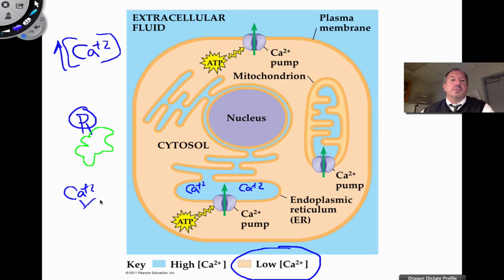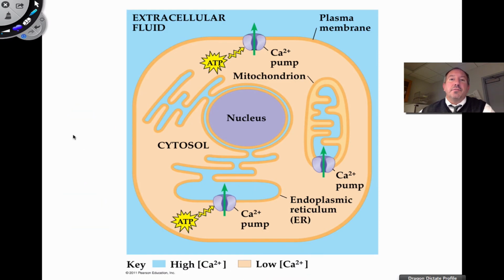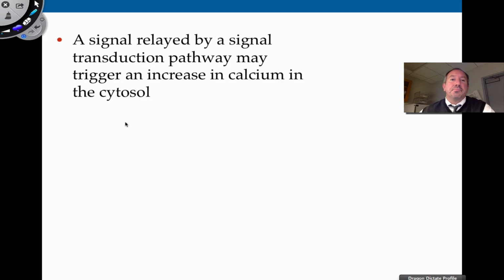When calcium sticks onto something, it can cause a shape change as well. So calcium is kind of useful this way. And I'm going to give you an example of how calcium can stick onto a protein and then cause it to change shape. So a signal is relayed by the secondary signal transduction pathway, and it's increased by the presence of calcium in the cytosol.